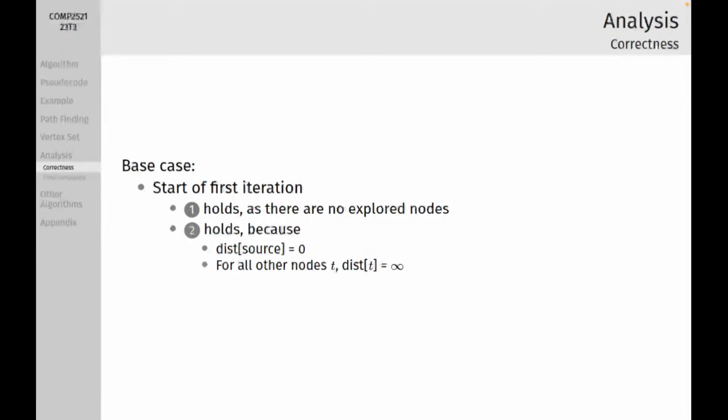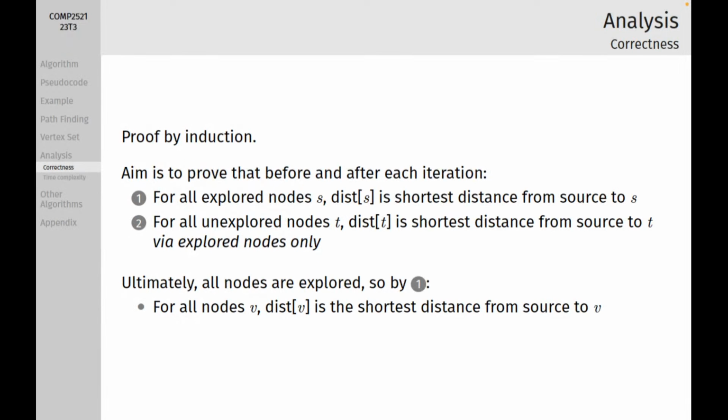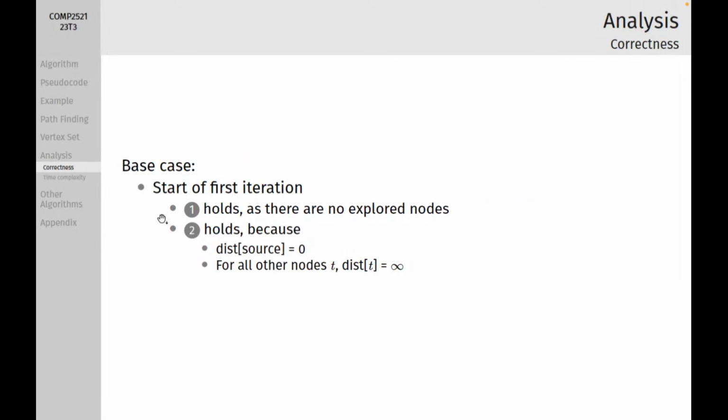So in induction we first have to prove the base case. The base case is the start of the first iteration. At the start of the first iteration, we know that this first property holds, because we haven't explored any vertices yet.